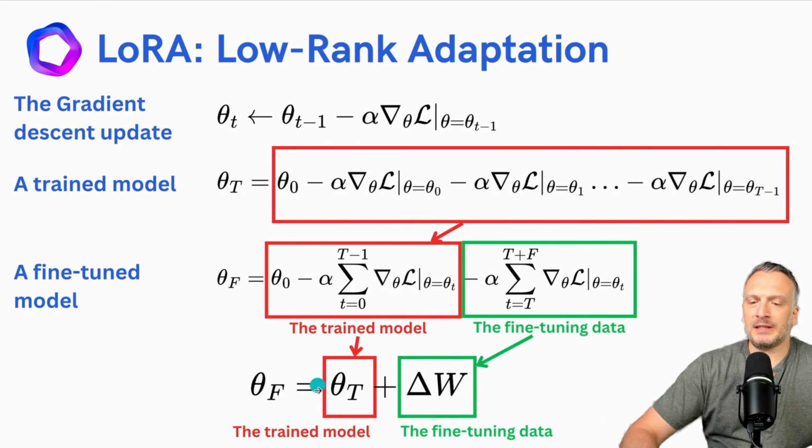Here I have theta T, which is equal to this sum that relates to pre-training the model. And here I have delta W that captures the sum that relates to fine-tuning the model. By summing the two, I obtain what I call theta F, which are the model parameters once the model is fine-tuned.